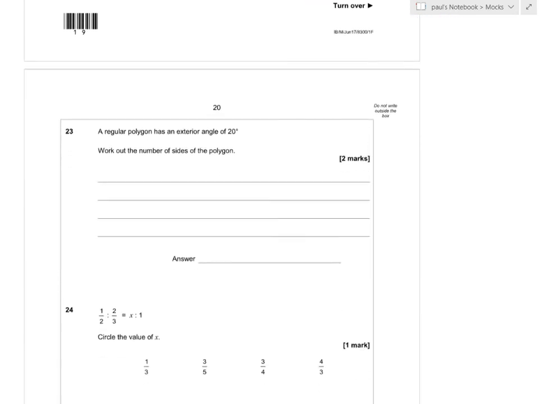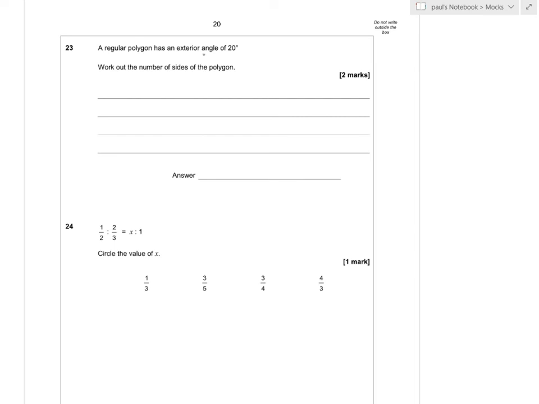Next question, please. A regular polygon has an exterior angle of 20. Work out the number of sides. Okay, so let's do a regular polygon. We don't know the sides, of 20 degrees.